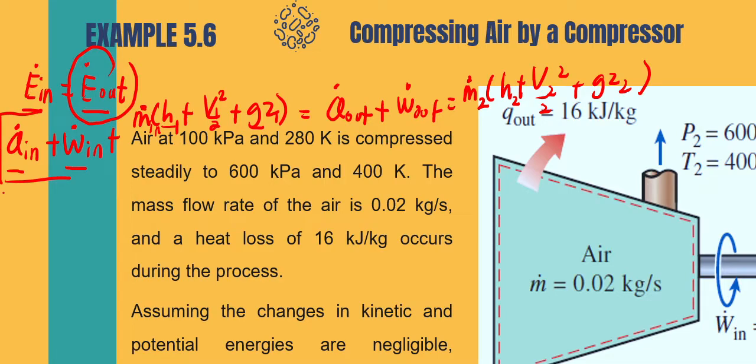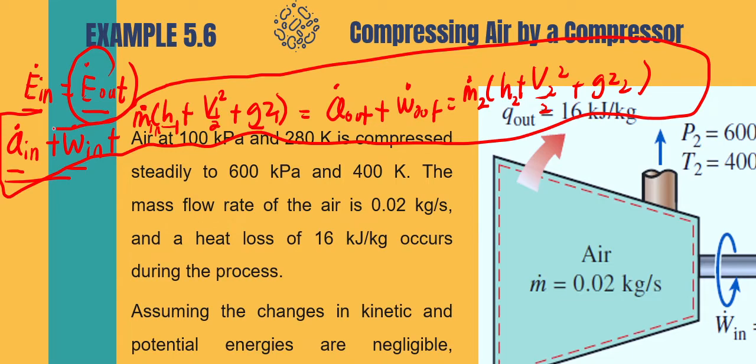Okay, this expression, make sure you memorize this. This is very important and it is not given in the exam. And if you look here, this is the basic one, the one that I told you to memorize earlier. This is energy in minus energy out equals the change of energy.